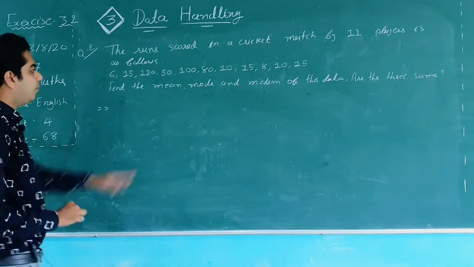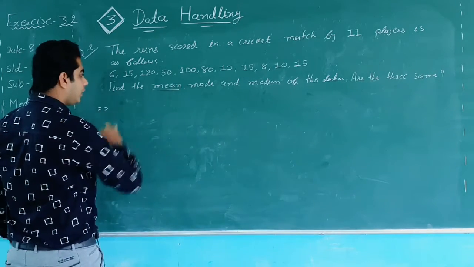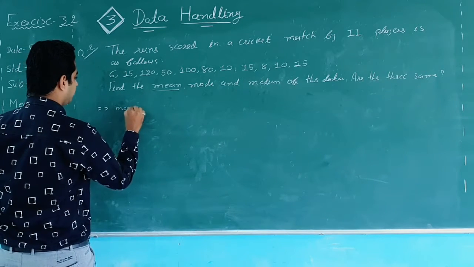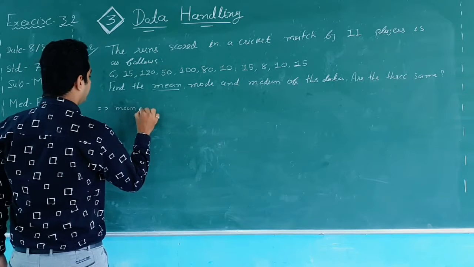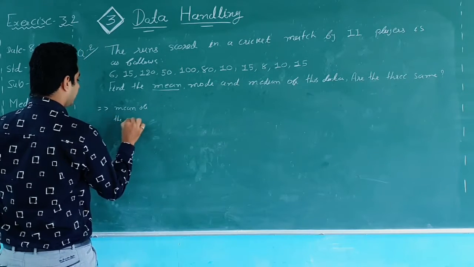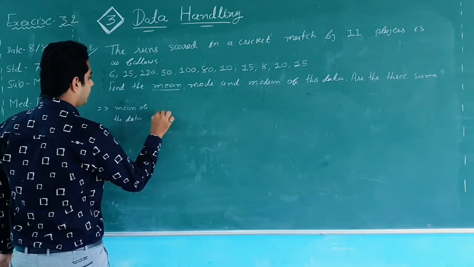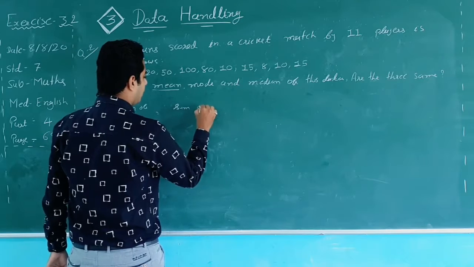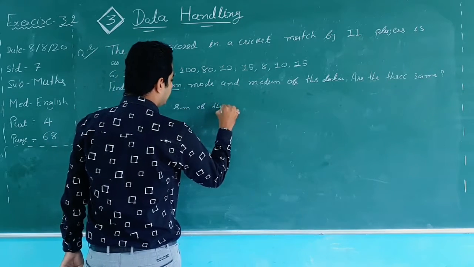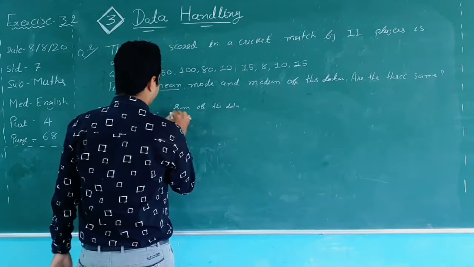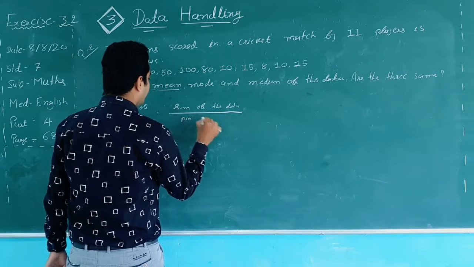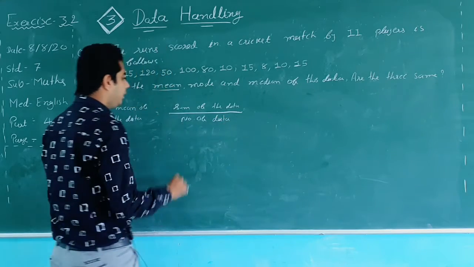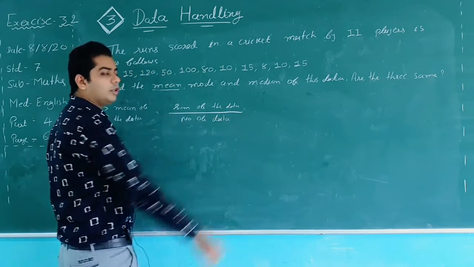First of all, I will find the mean of the data. Mean of the data is equal to the sum of the data divided by the number of data, or you can say the sum of the scores divided by the number of players.